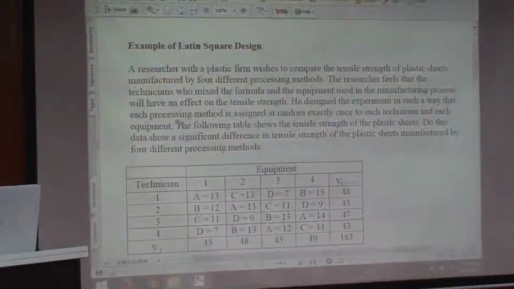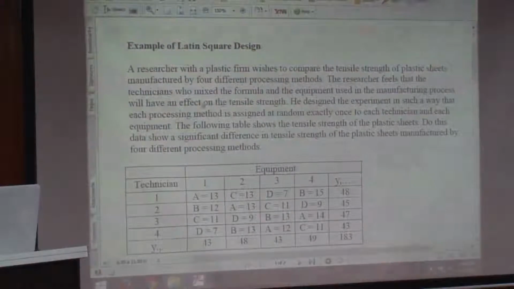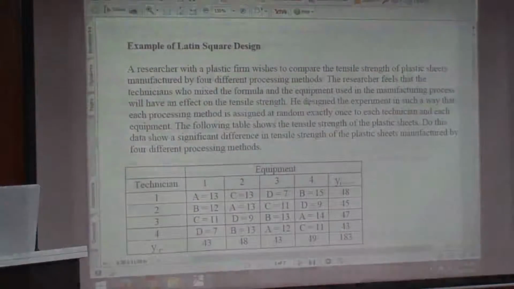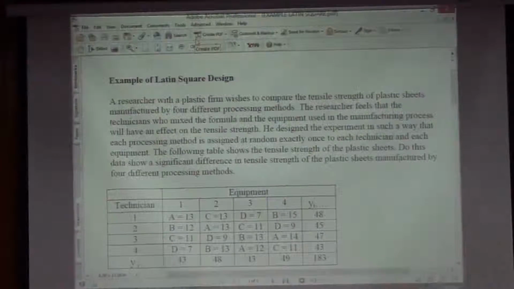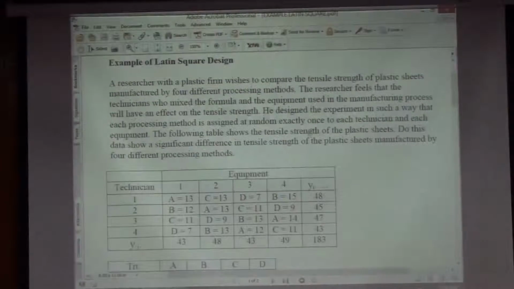What are they? They are the different technician and also the different equipment used in the experiment. So in this situation, he designed the experiment.